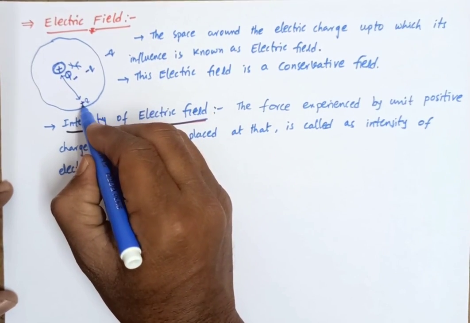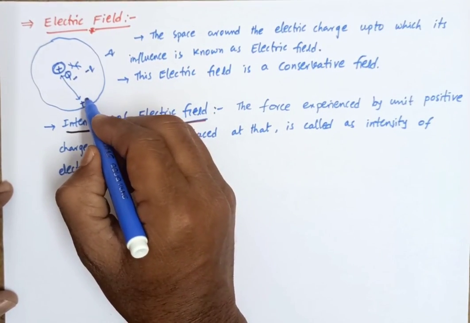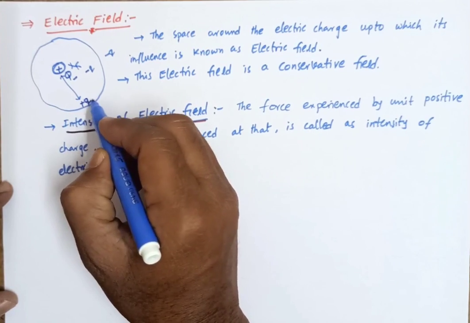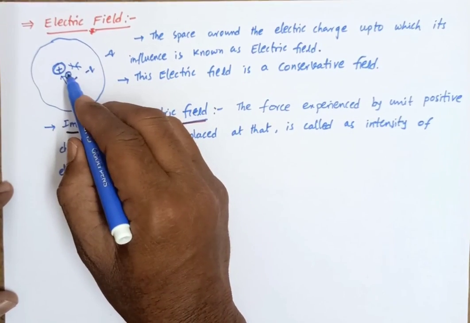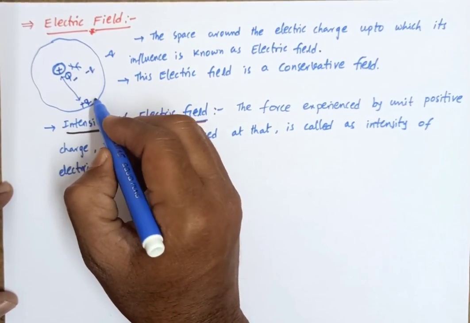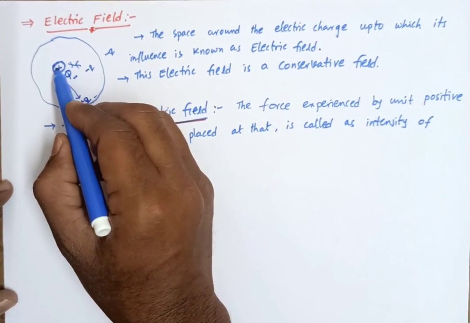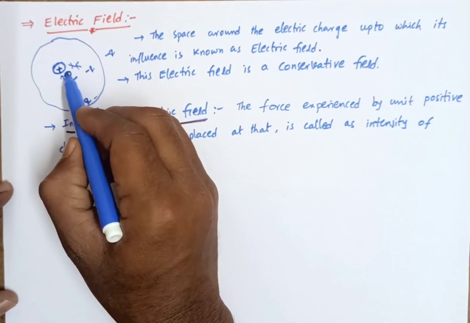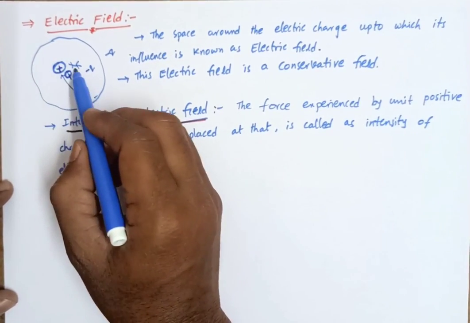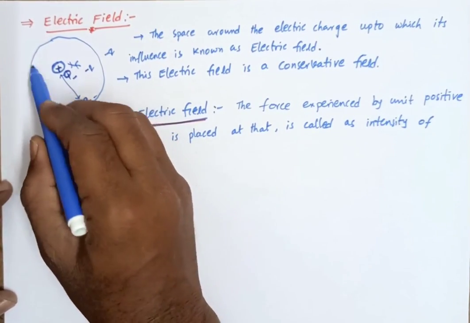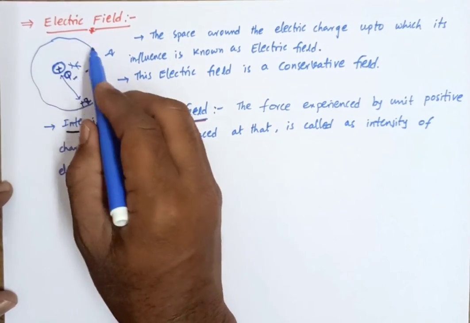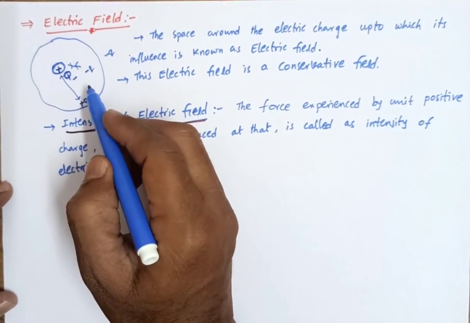A positive or negative charge that is influenced by the source charge is called the test charge. Here we consider a positive charge, and it influences a certain space around it.